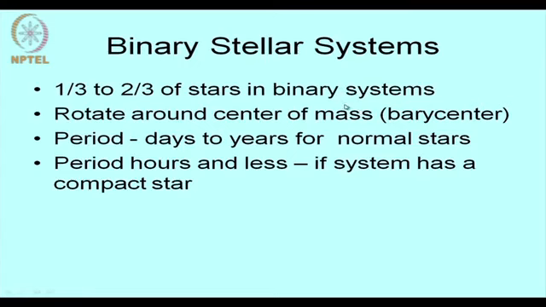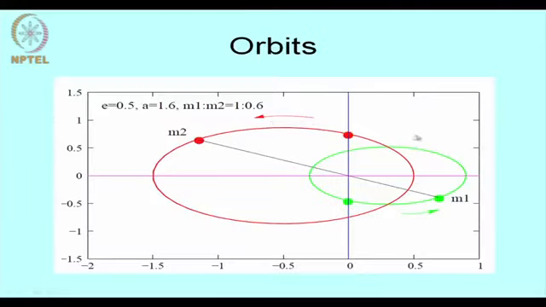Now, both of the stars, as we have seen, rotate around the common center of mass. That is what we just saw. So, in all of these systems where you have two stars, they both rotate around a common center of mass in orbits that look something like this.